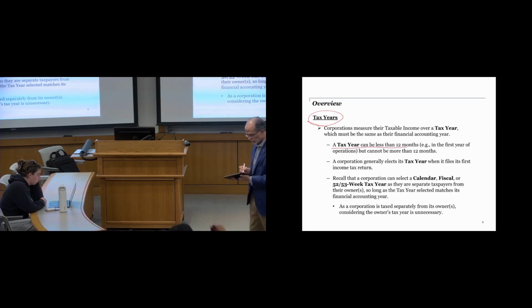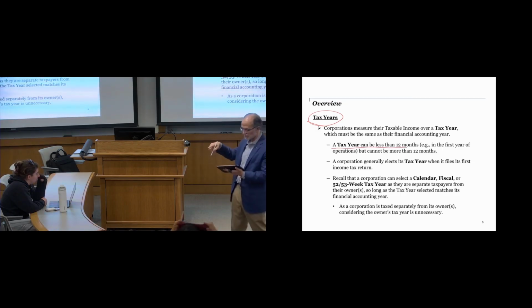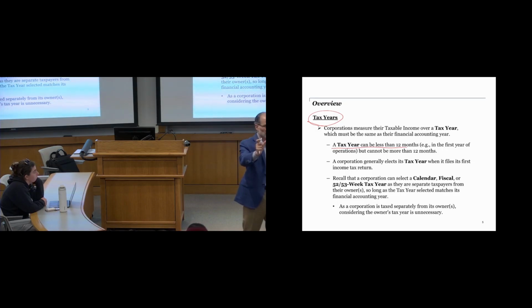Remember, a tax year can be less than 12 months. In the first year of operations, nobody really starts on January 1st. You're going to have less than that, so if you're calendar year, you can be May 2nd to December 31st in your first year, but you can never be greater than 12 months. You cannot slam 14 months into a tax return, only 12 months.